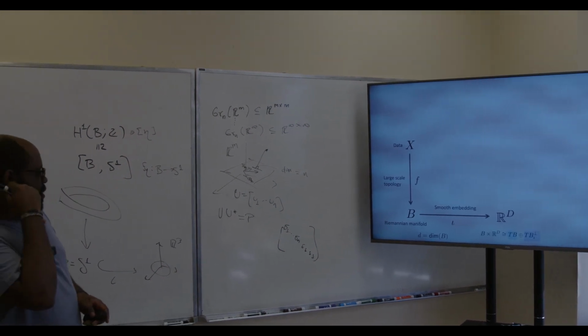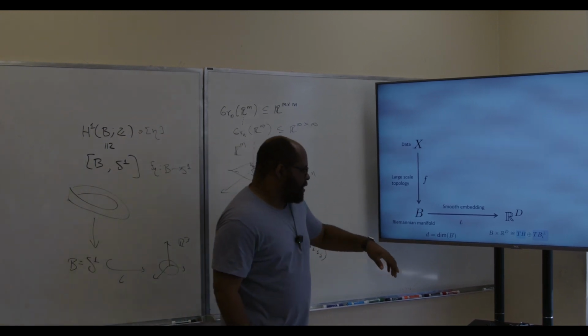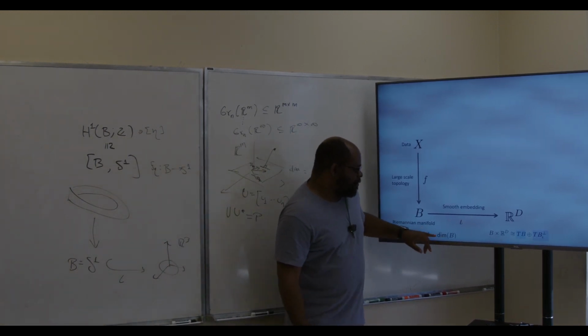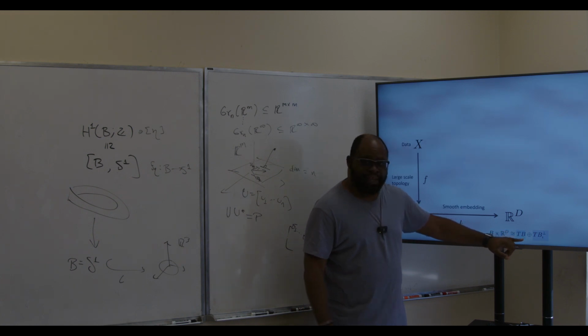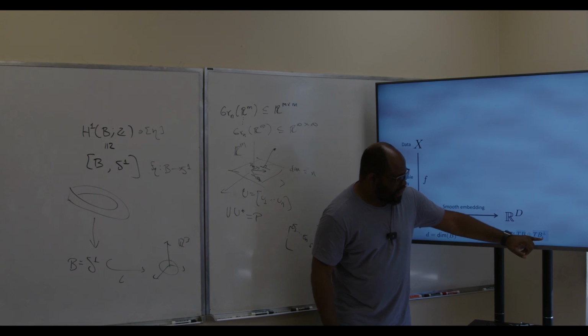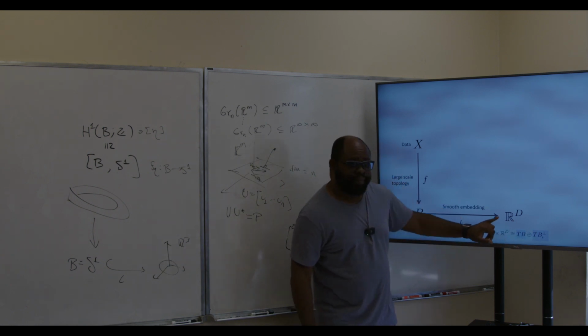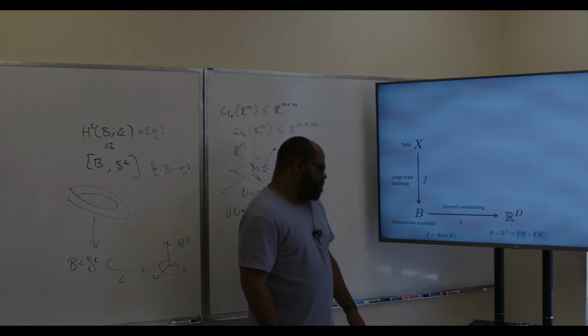So now, the next thing we do is notice that we can think of B cross R^D, the total space, the ambient space. We can decompose it as the tangent space to B and the normal bundle using this embedding, right? So this is what we did before.